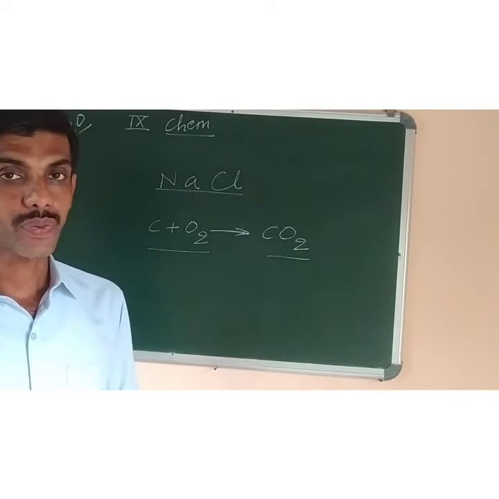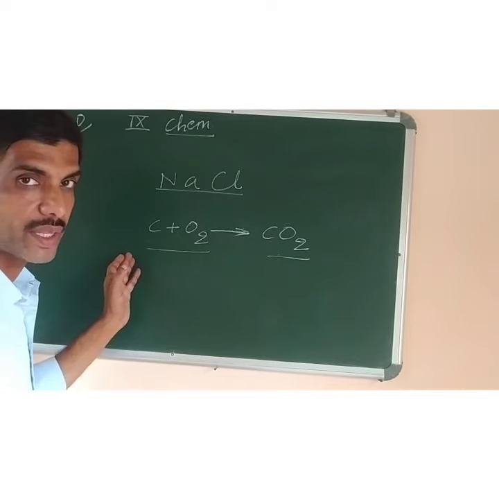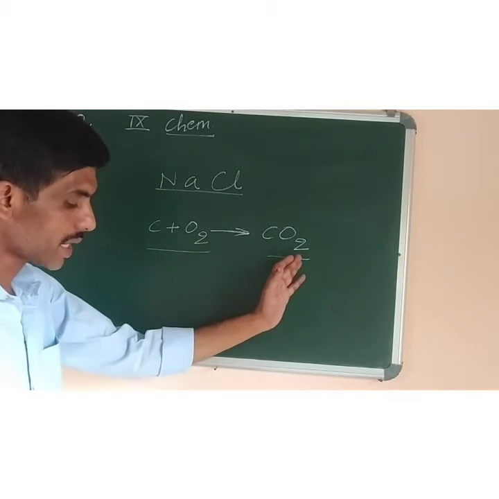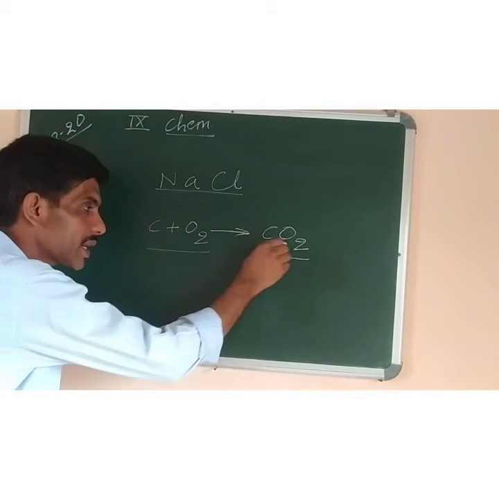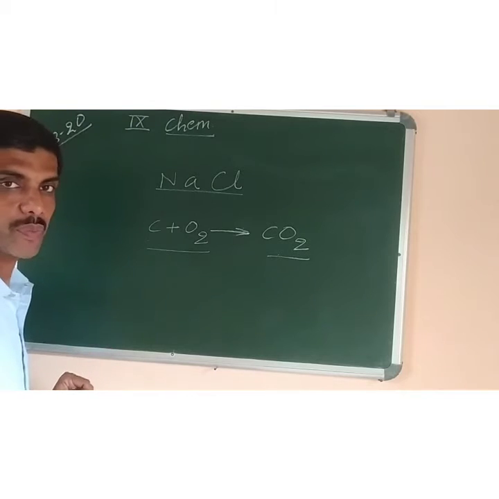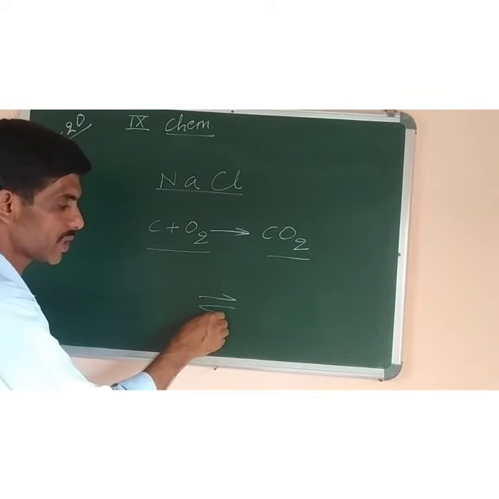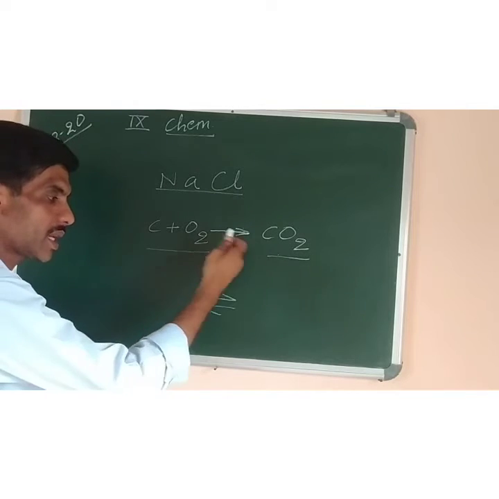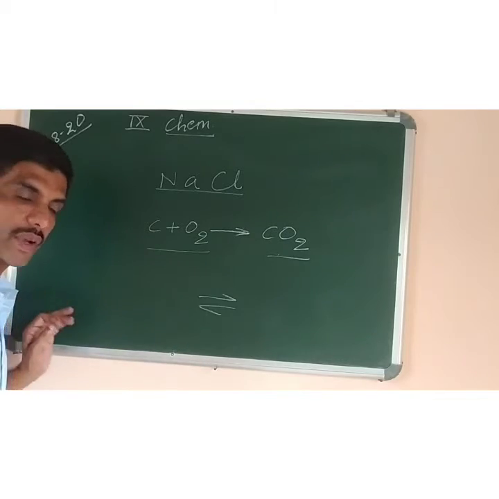Now what are the rules for writing the chemical equation? Number 1, left hand side represents the reactant side, right hand side represents the product side. The arrow in the middle indicates the direction in which the reaction proceeds. Like if the arrow is like this, it is called a reversible reaction. Means the reactants can change into product and the product can once again change into the reactants.